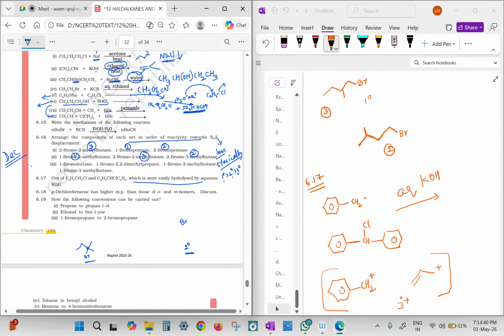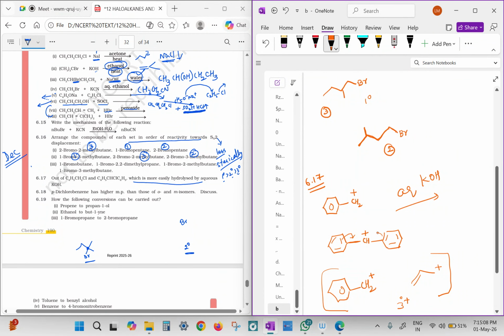So, if the Cl goes out in the initial stages, it will be leaving behind a benzylic carbocation. Okay, if the halogen goes out, this is also going to create a benzylic carbocation. But now this benzylic carbocation is supported by 2 benzene rings. So which is better?